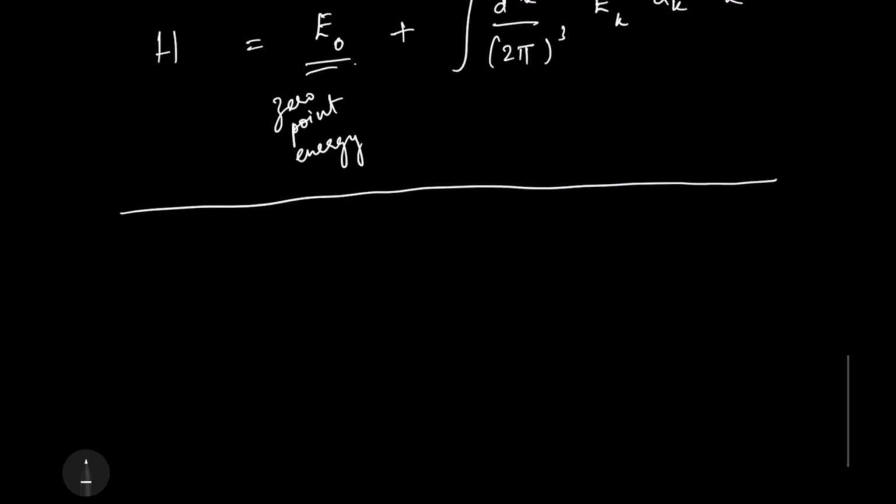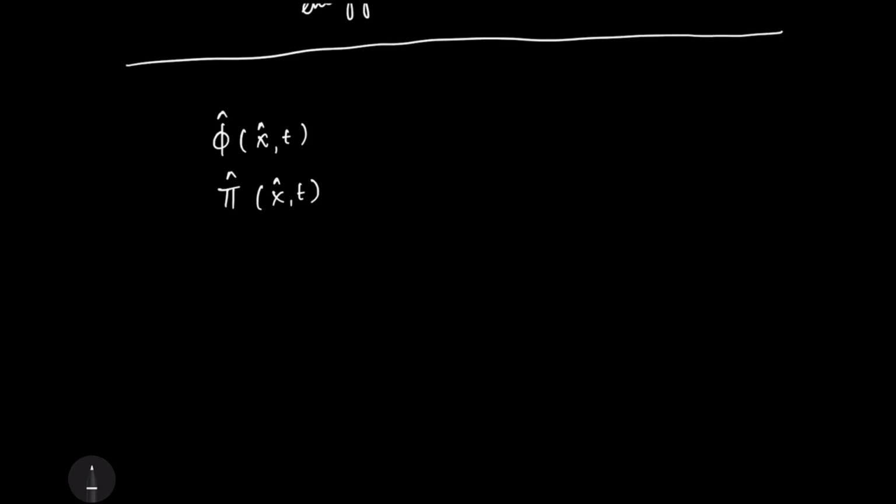So here there is something interesting. We can see that the operators φ of x comma t and π of x comma t are both explicitly time dependent. And this time dependence disappears after the spatial integration.